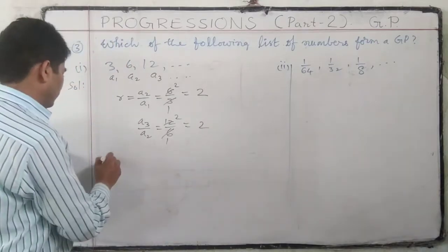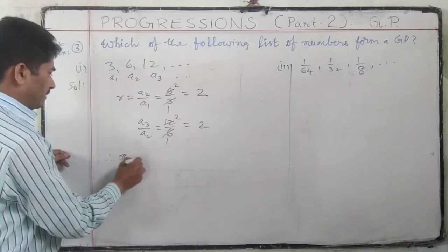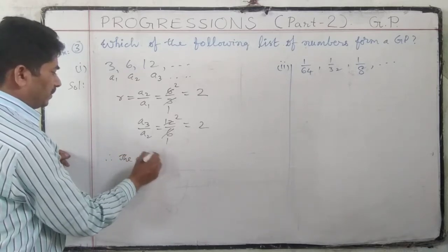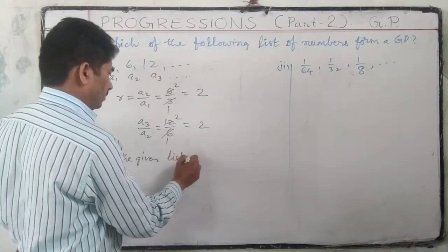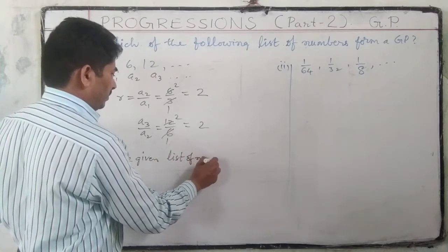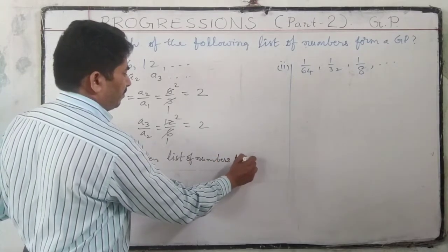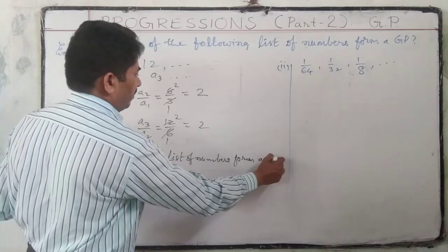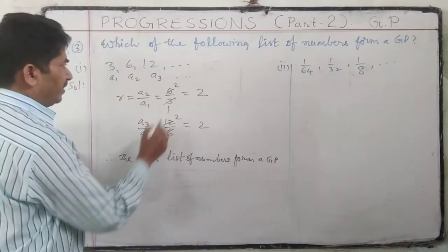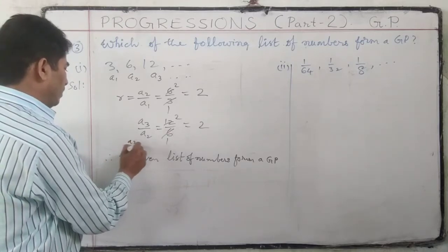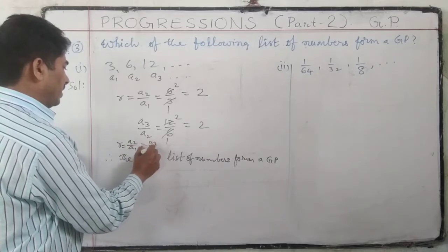That's why, therefore the given list of numbers form a GP. Here, why does it form a GP? a2 by a1, the common ratio, a2 by a1 is equal to a3 by a2.